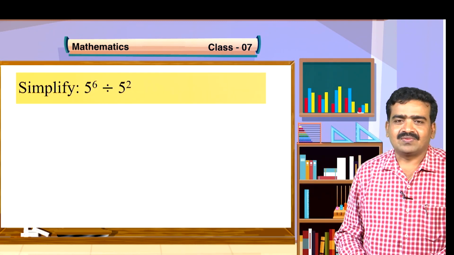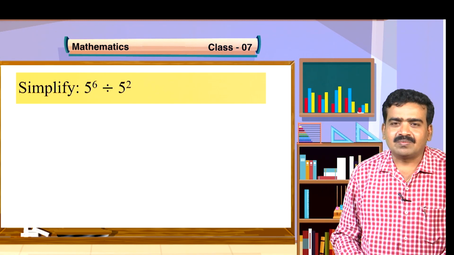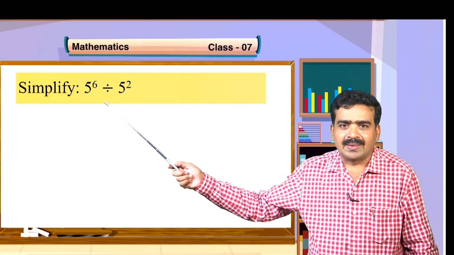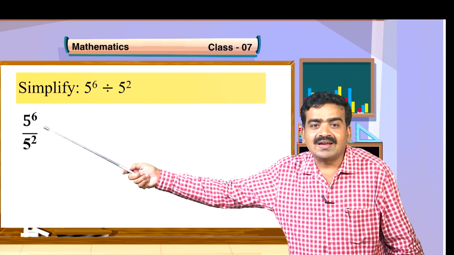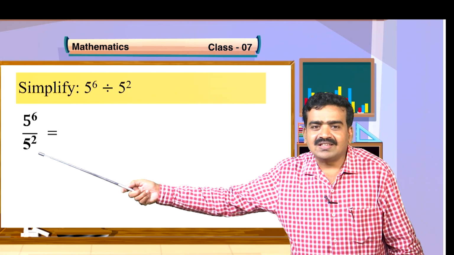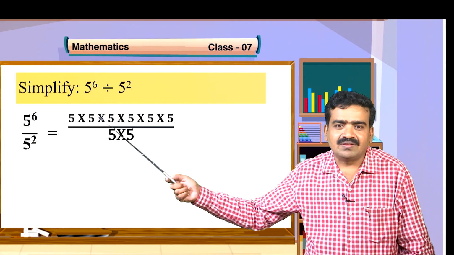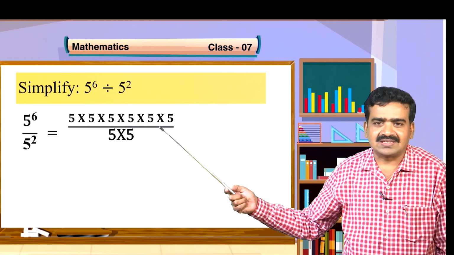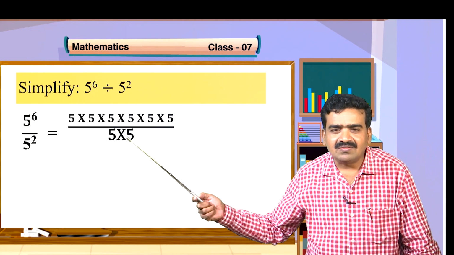Let us try with one more example. 5 to the power of 6 divided by 5 squared. In this case, in the numerator 5 is multiplied 6 times, and in the denominator 5 is multiplied 2 times. So, write 5 into 5 into 5 into 5 into 5 into 5, 6 times, and 5 squared can be written as 5 into 5.